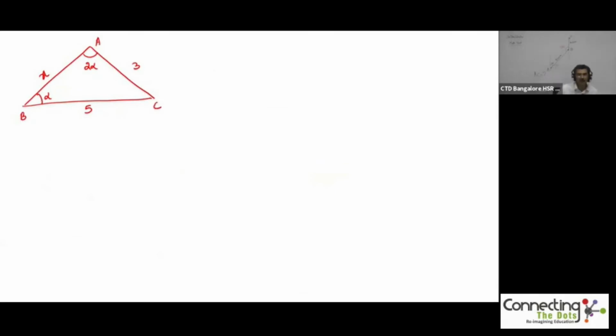We'll start with a slightly different method. For the sake of understanding, I will flip the triangle over on its side. Let's make this AB, and the angle A is 2 alpha, so it's a big angle. Then B is the smaller angle. This is alpha and this is 2 alpha, and AB is x and BC is 5.